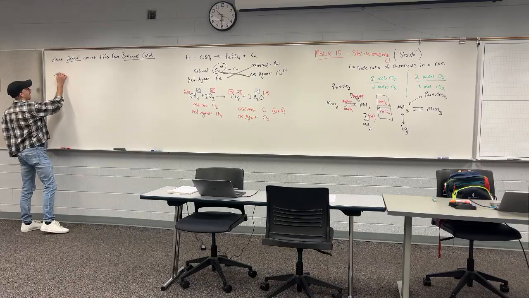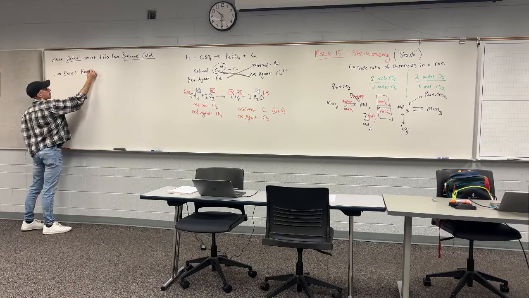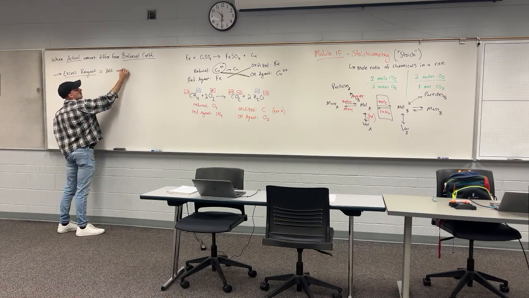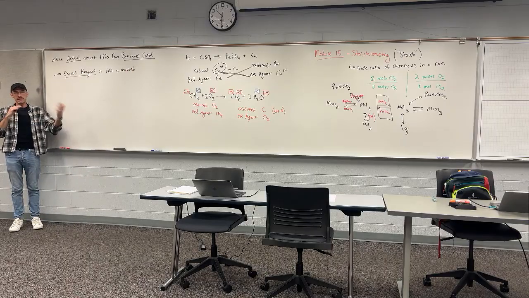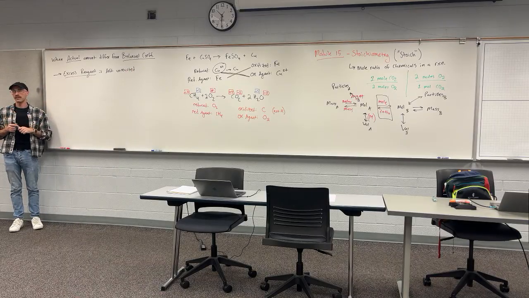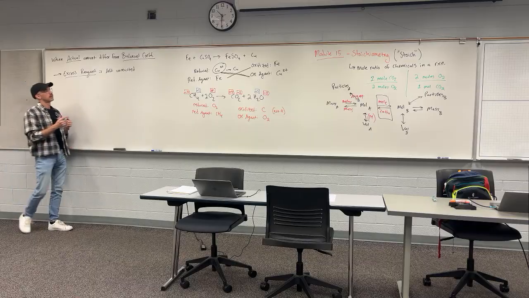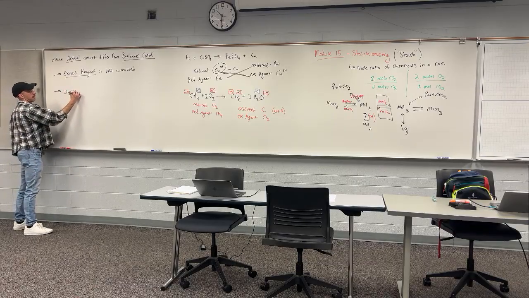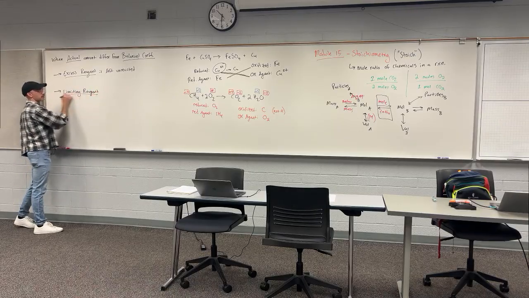This is what we call an excess reagent. There is more of it than meets the ratio of the stoichiometry. And so the excess reactant will have some unreacted. How might you define a limiting reagent?